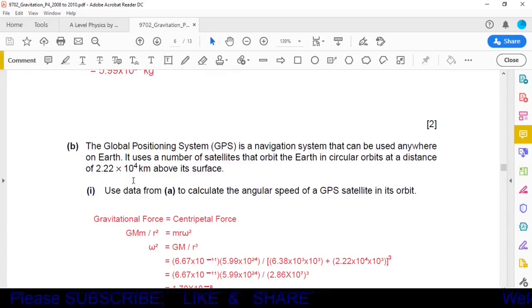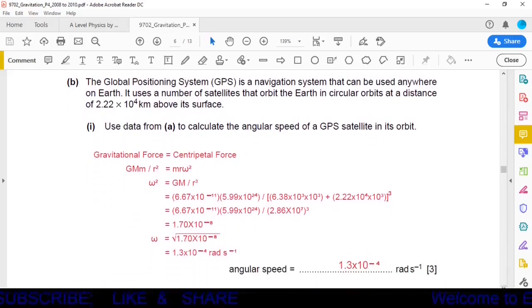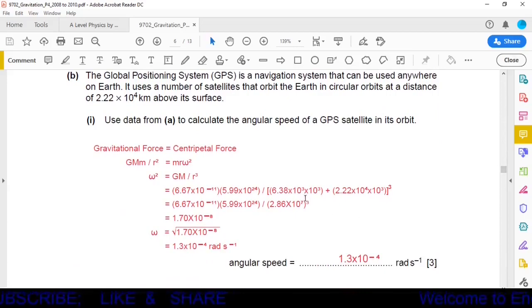So total distance will be the sum of these two distances. Both the distances are given in kilometer, so we have to convert this kilometer into meter by multiplying by 10^3. So total distance in meters will be equal to 6.38 × 10^3 × 10^3 plus 2.22 × 10^4 × 10^3. Here in the formula it is cube, that's why we have taken cube.